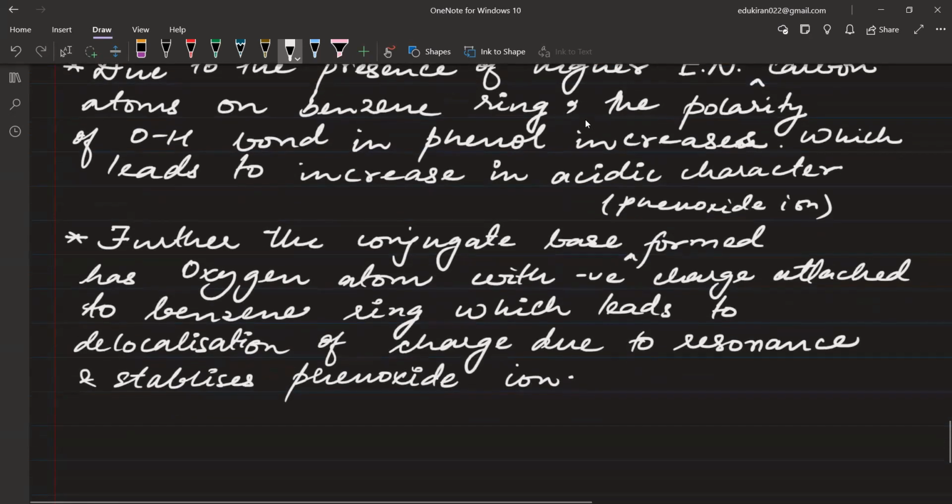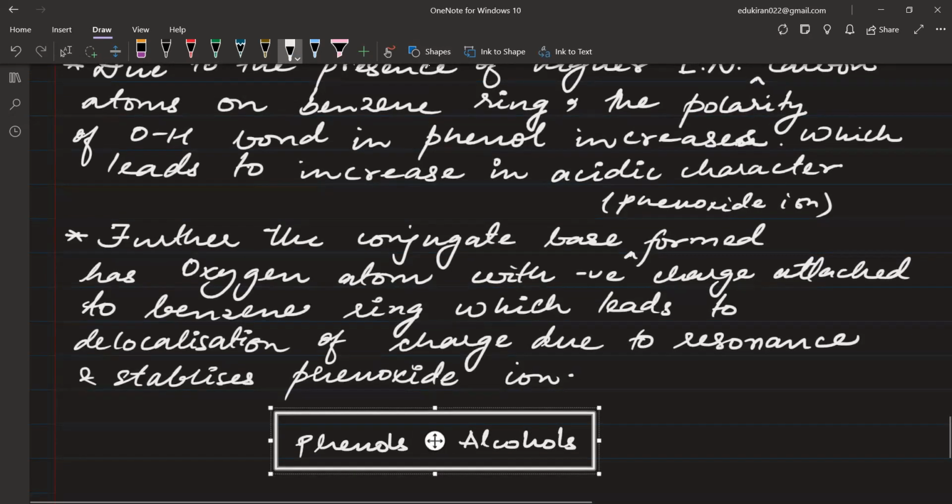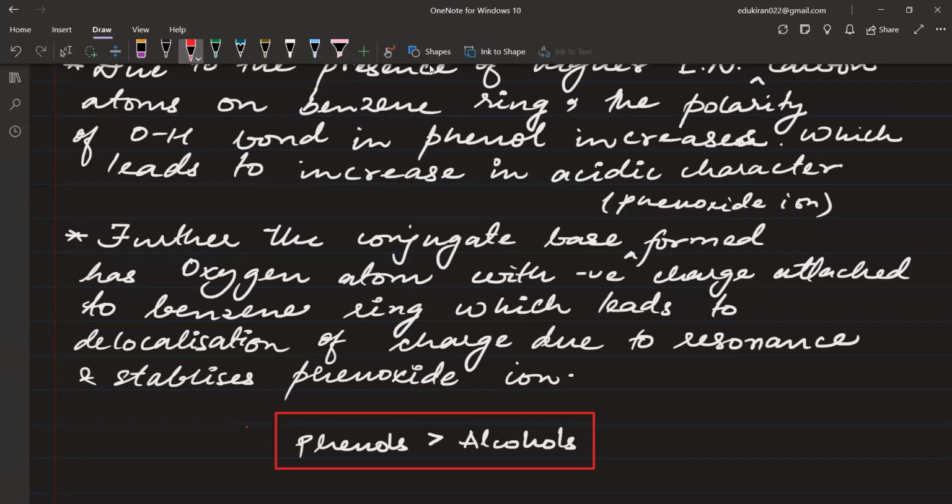With all of these, we can conclude phenols are more acidic than alcohols. ठीक है ना। फिनॉल में भी आपके पास सब्स्टिट्यूटेड फिनॉल होते हैं, राइट?